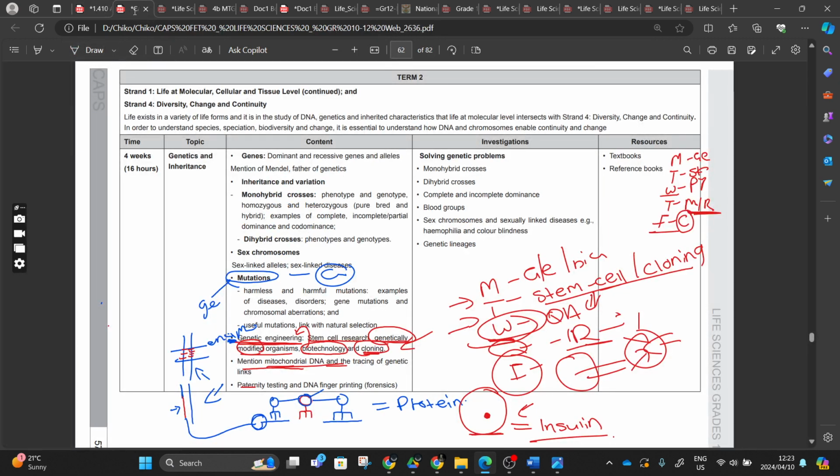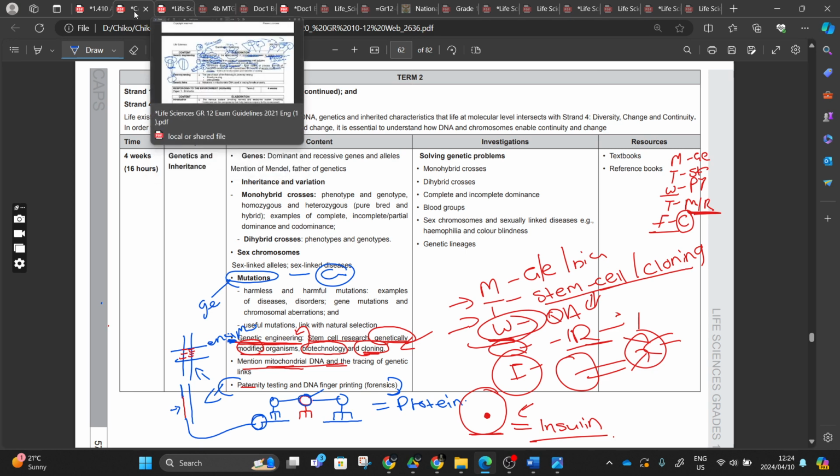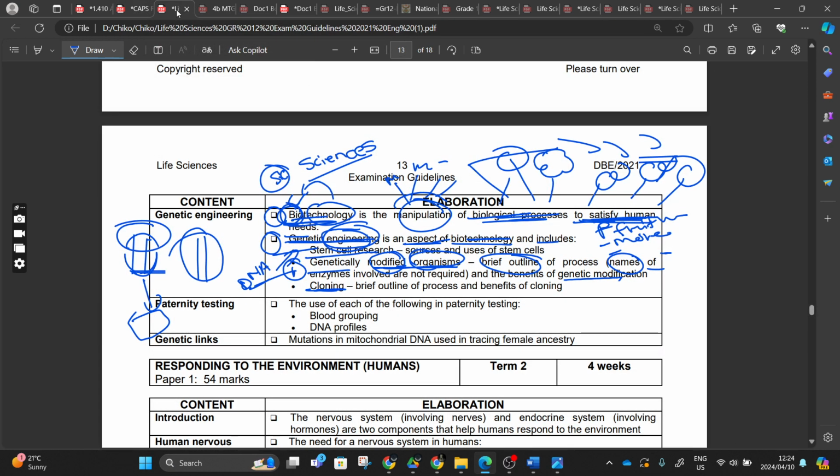So with that being said, with our CAPS we are done this week. Paternity testing and genetic fingerprinting, the last part here. This one is used mostly as forensic. So we also use this for different things, right? You agree with me that we also use paternity testing or DNA fingerprinting, yeah, DNA profiling, same thing, right?